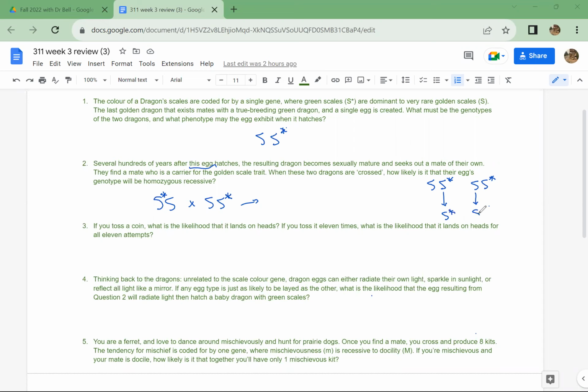And so when these gametes combine after the parents cross, we get an individual who is S star S because of the alleles that were passed on. But it doesn't always have to be that way. It could be that the parent instead passed on this S star allele, and therefore the offspring becomes S star S star, and you can do all those variations yourself.